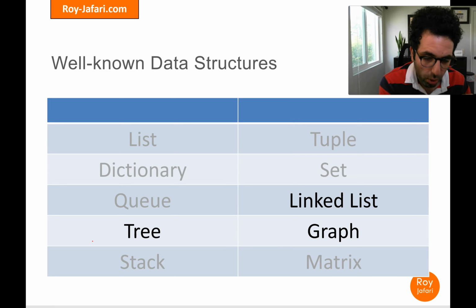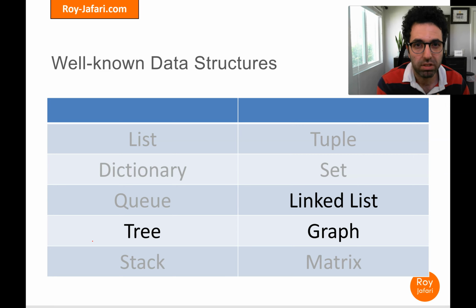For you to be able to work with these data structures and understand them, you're going to need to have a fundamental understanding of object-oriented programming that cannot realize itself for you unless you have a little bit more experience in programming itself. And I don't know if I will get to create videos for that in the future, but at this level that I'm creating these videos, linked list, tree, and graph are a little bit beyond the scope of what you can handle right now.